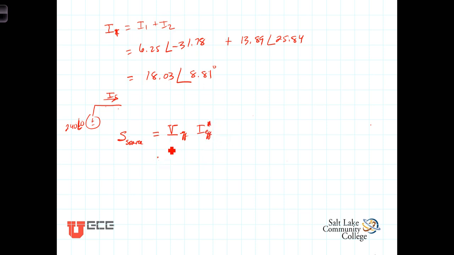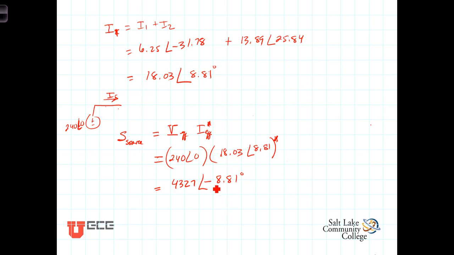Well, phasor V is just 240 angle 0 times the current from the source, 18.03 angle 8.81, which has got to be conjugated. And when we do that, we get that the complex power associated with the source is 4327 angle negative 8.81 degrees.